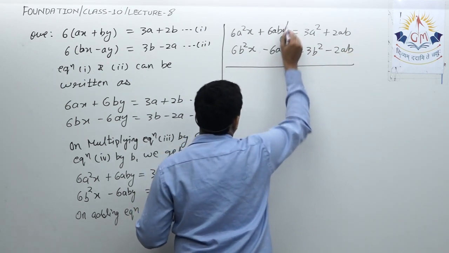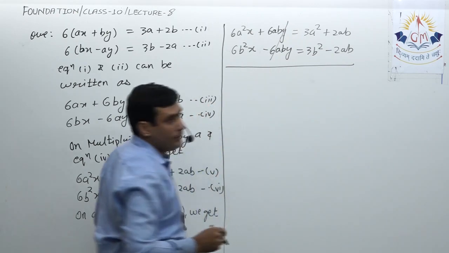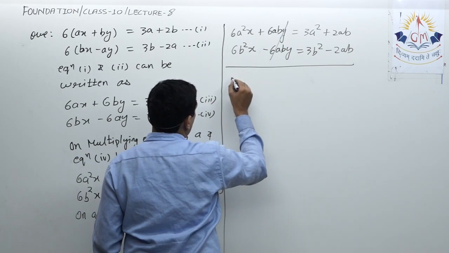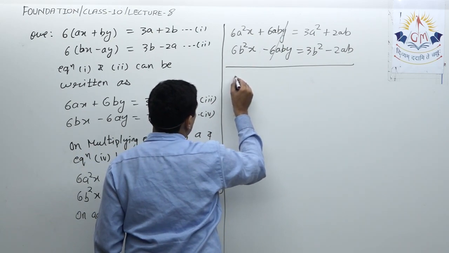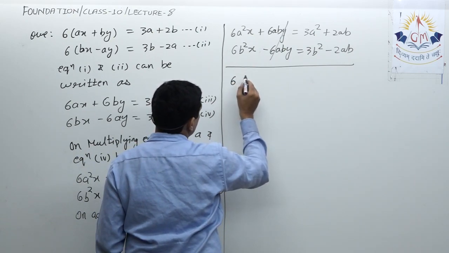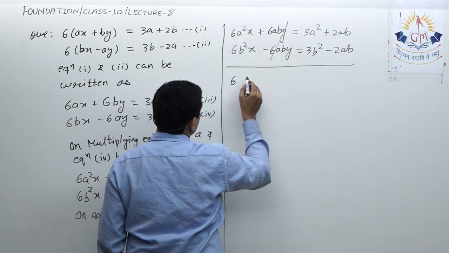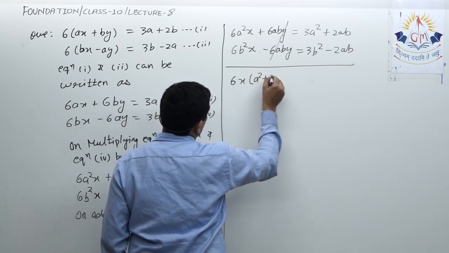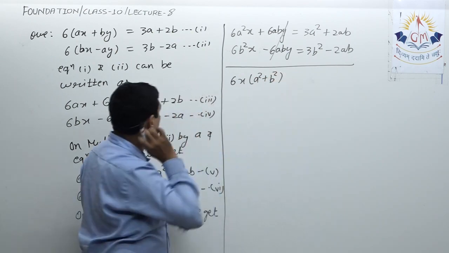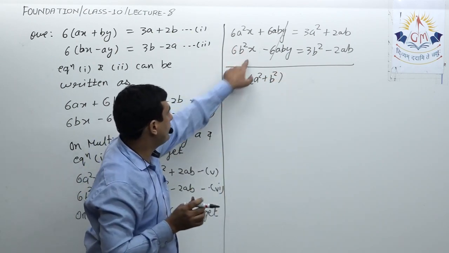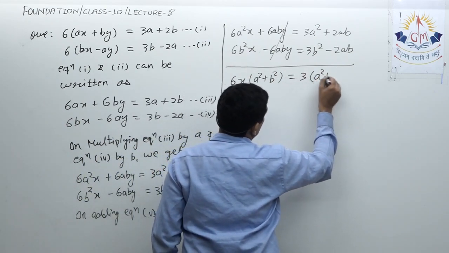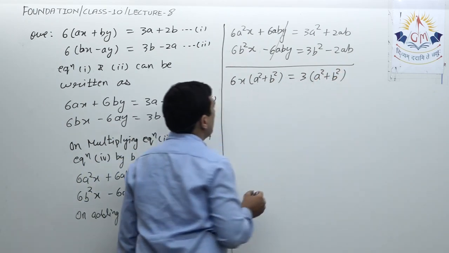So 6aby will cancel out. Over here I get 6x, taking the bracket a square plus b square, and on the right if I take 3, a square plus b square.